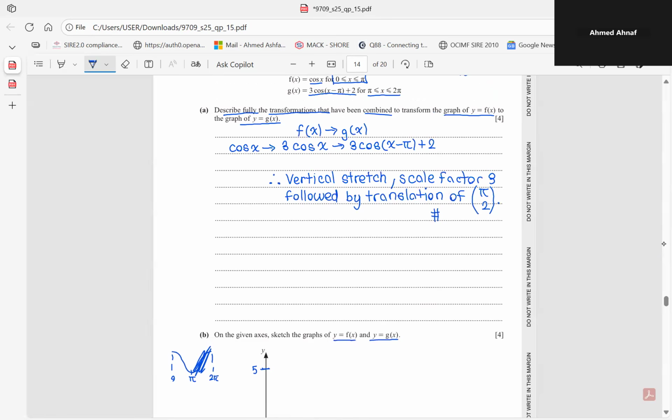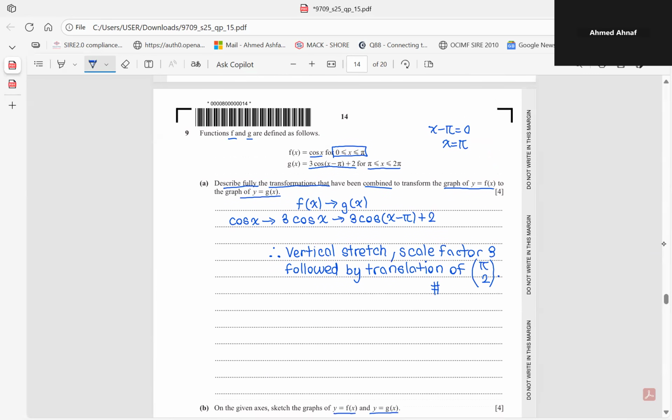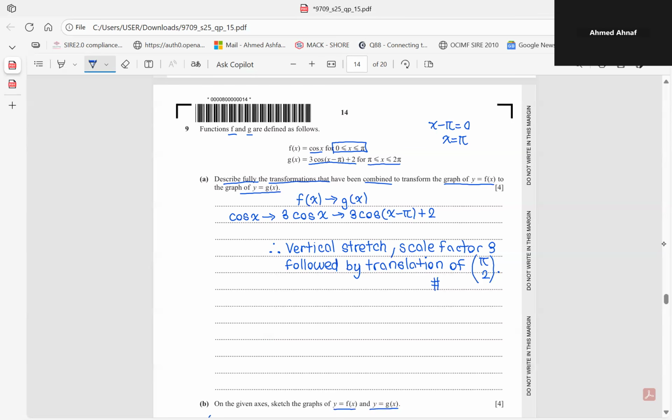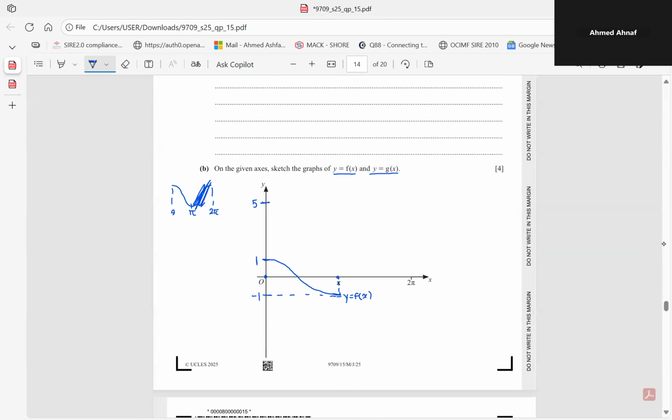And the maximum point occurs when x equals pi, then you'll get cosine 0, which equals 1. And the minimum point occurs when x equals 2 pi, then you'll get cosine pi, which gives you negative. So our points are here and here.